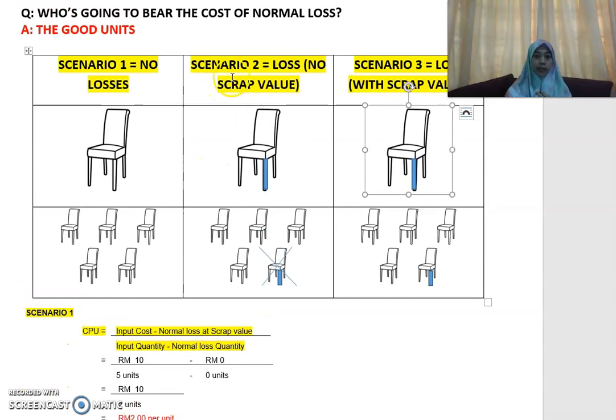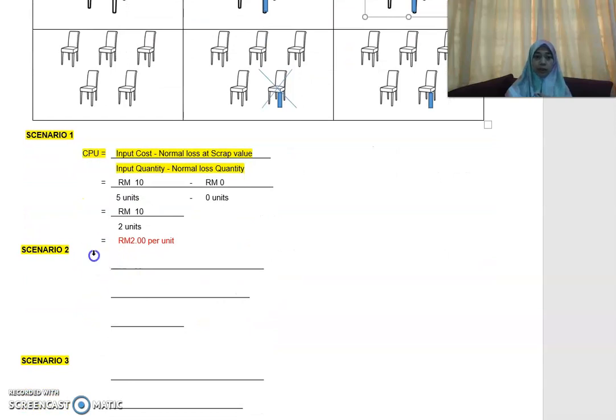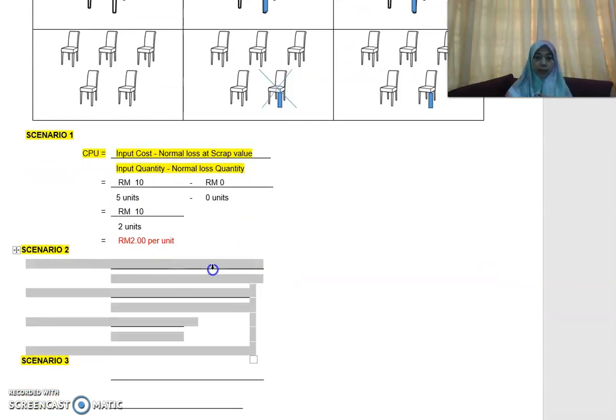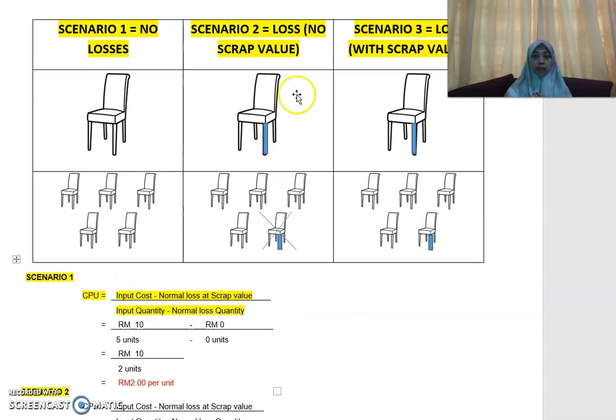Now, in scenario 2, you have losses, but that loss has no scrap value, for example a defect with the leg of the chair. In the formula, your normal loss is 0 in terms of value, but you have a loss here.